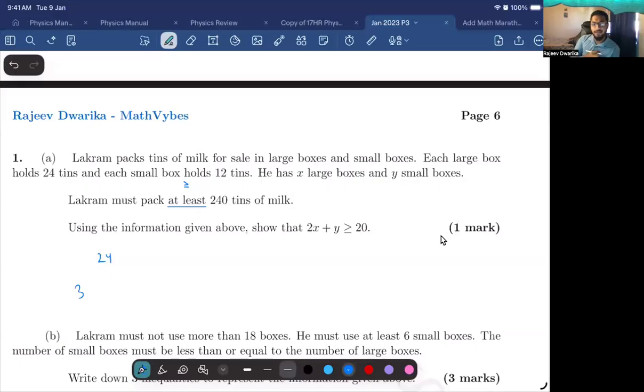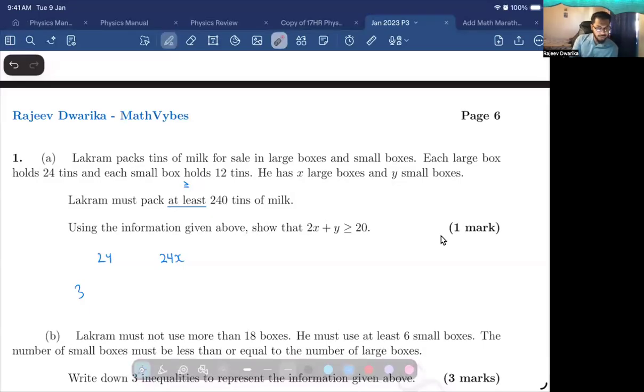Think about it. If one large box holds 24 and I have 3 large boxes, wouldn't you multiply? Yes, sir. So the point I'm trying to make is that if you want to figure out the amount of milk for x large boxes, you have to multiply 24 by x.